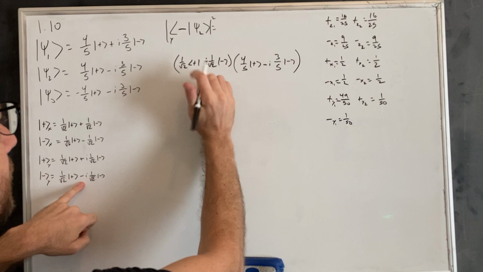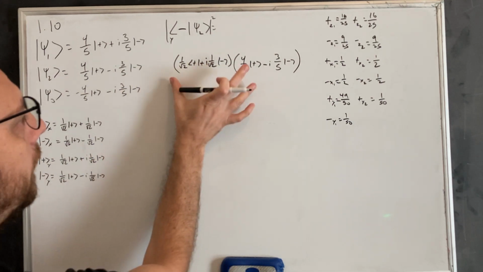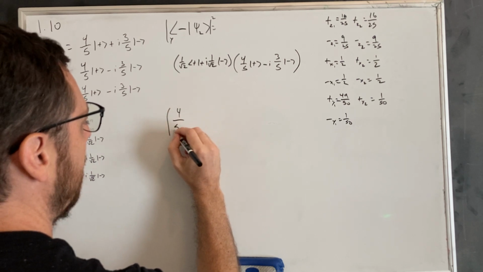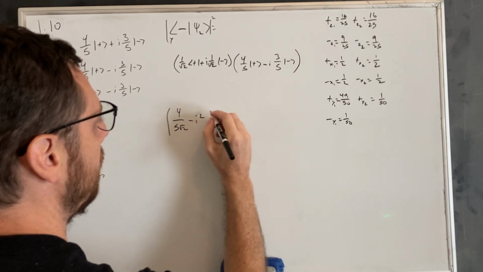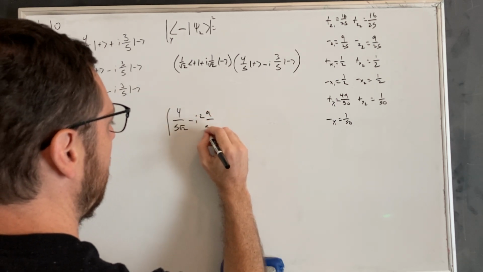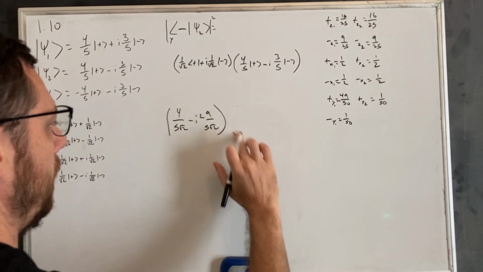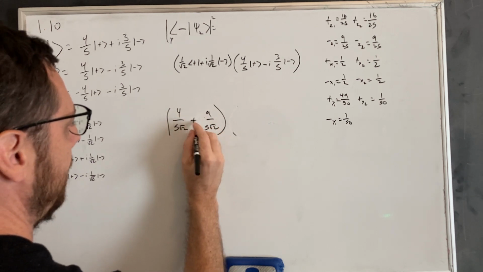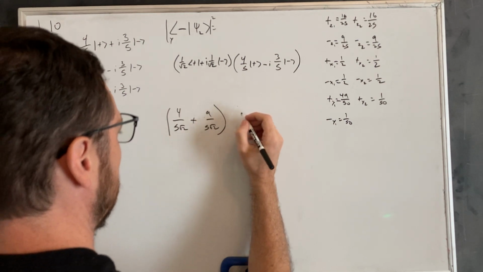When we complex conjugate that for the bra state, it's going to be plus I. Now we've got 4 over 5 root 2 minus I squared 9 over 5 root 2. And then we have an I squared here, so flip the sign. And we have a plus here. And then we're going to have, did I do that right?